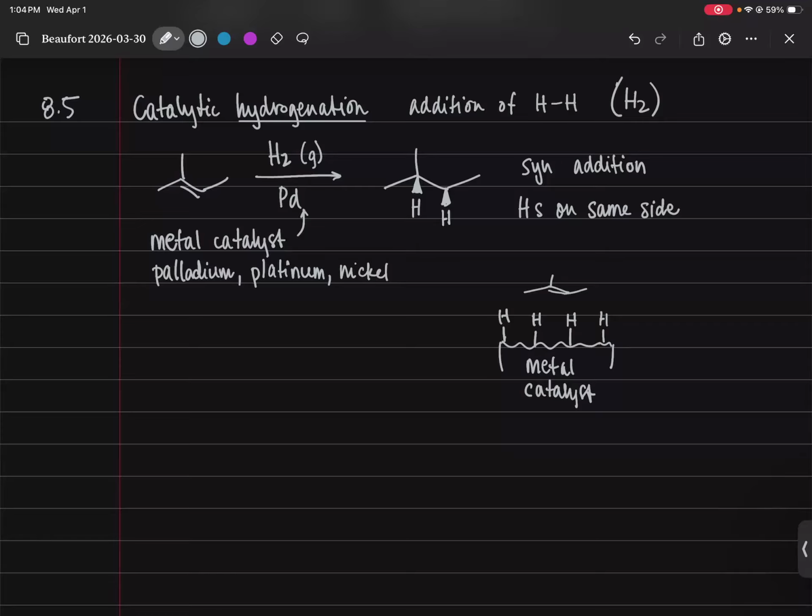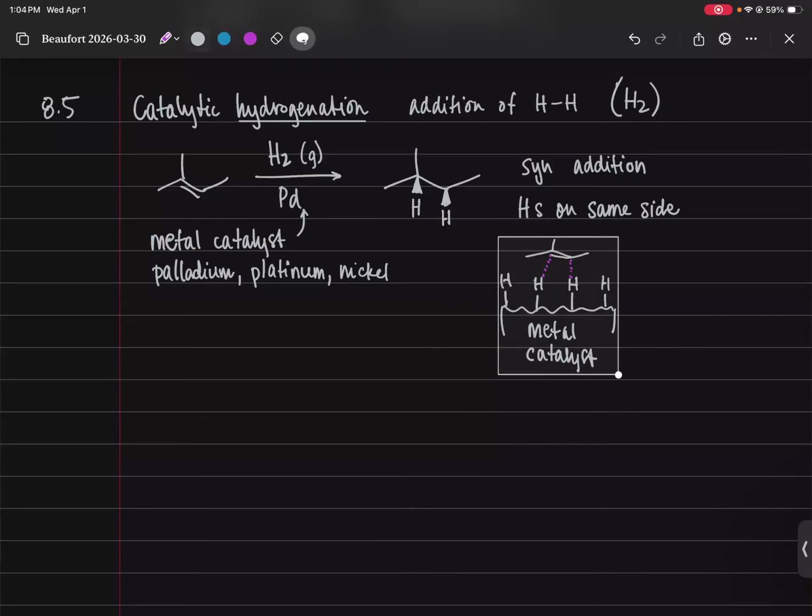And when the alkene comes in, the two bonds that get formed are always on the same side of the molecule, because both of the hydrogens are attached to the metal catalyst when they are installed. That's the least mechanism-y kind of mechanism that you can possibly draw, but that's basically how it works.